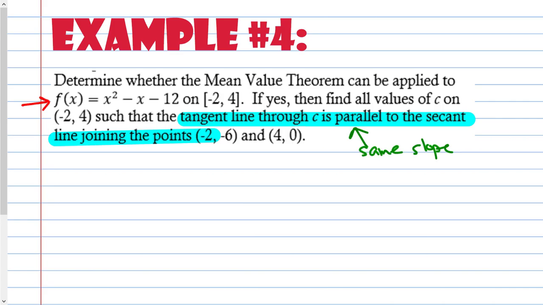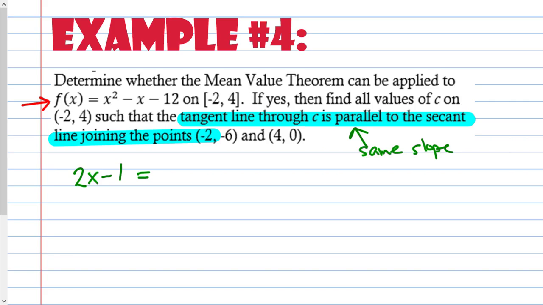So let's go ahead and derive this baby. The derivative of my function is 2x minus 1. Now that needs to equal the slope of the secant line. 2x minus 1 is the slope of the tangent.